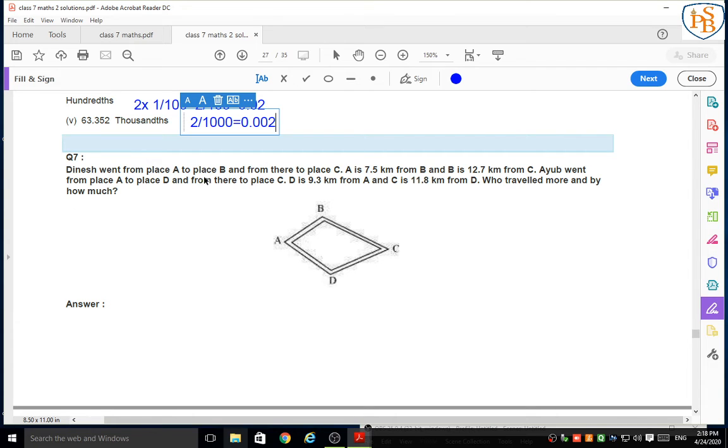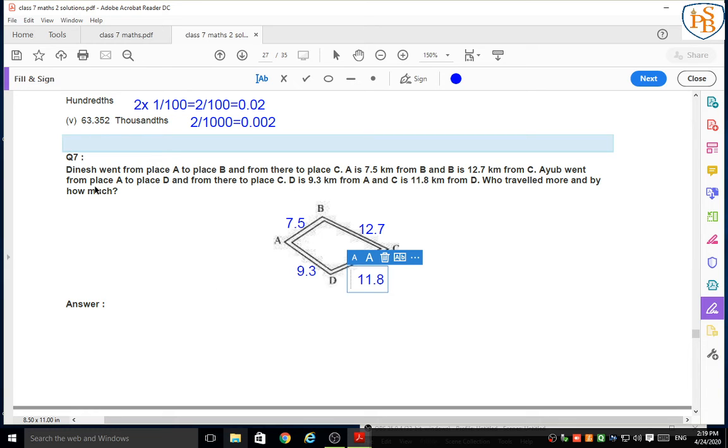Dinesh went from place A to B and from there to place C. A is 7.5 kilometer from B. B is 12.7 kilometer from C. Ayub went from place A to place D and from there to place C. D is 9.3 kilometer from A and C is 11.8 kilometer from D. Who travelled more and by how much?